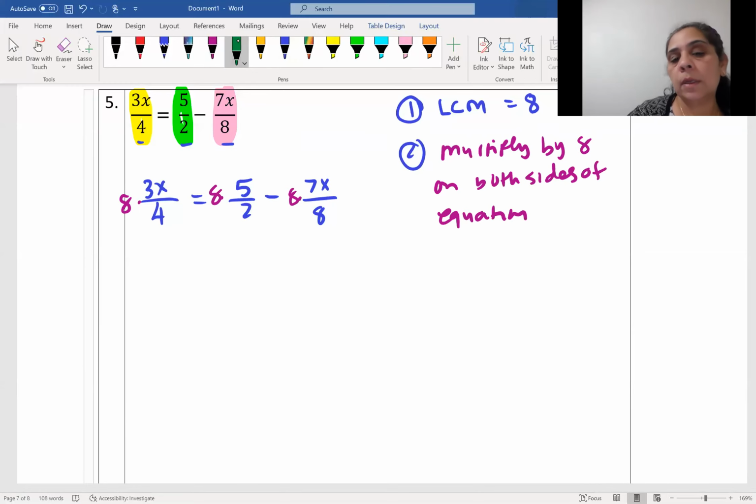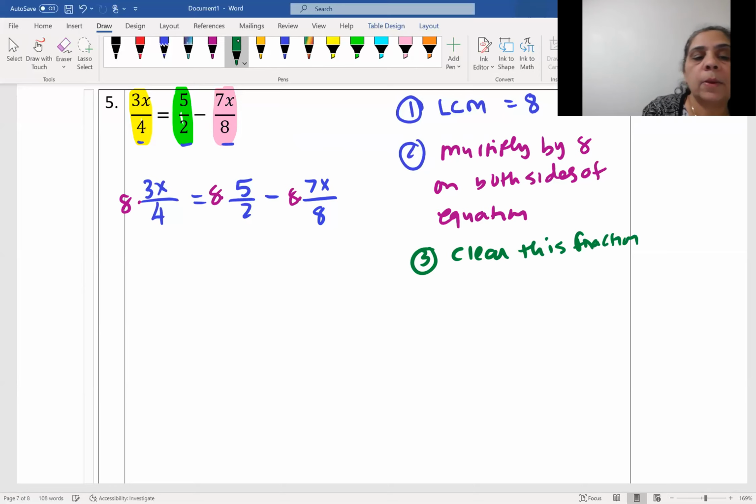Step 3. What is step 3? We need to clear this fraction, right? All right, so we can just reduce this. 4 times 2 is 8. 4 times 2 is 8. And here is 1.